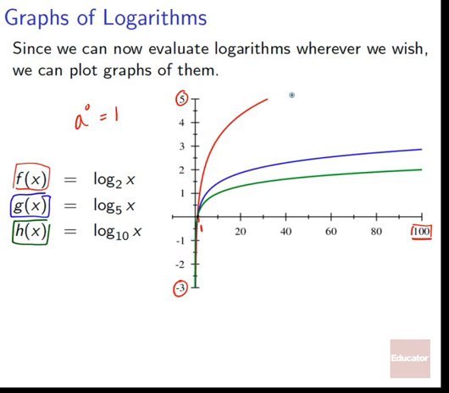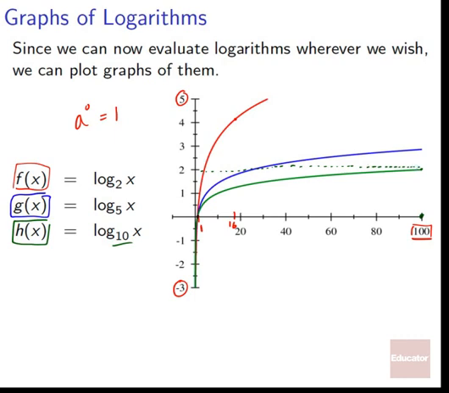And notice how slowly they grow, right? At 16, log base 2 is only at a meager 4. For log base 10, it takes getting all the way out to 100 to even get to 2, because 10 to the 2 equals 100.